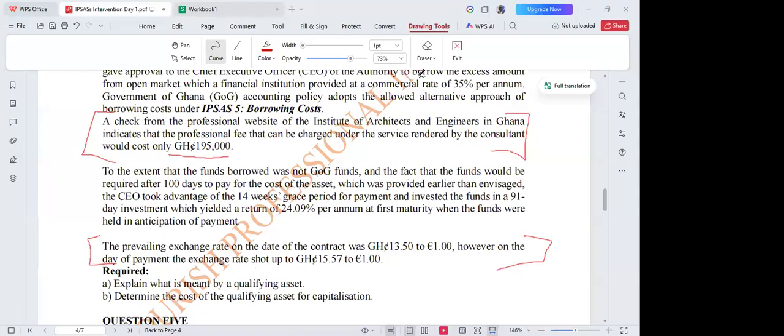Okay. That's Linda's we talked to. Akwesi. I think the amount has already been pre-agreed. So if it has been pre-agreed already, you have to use the 13.